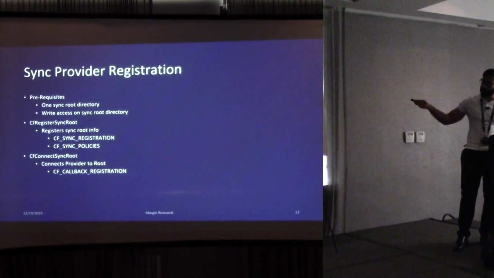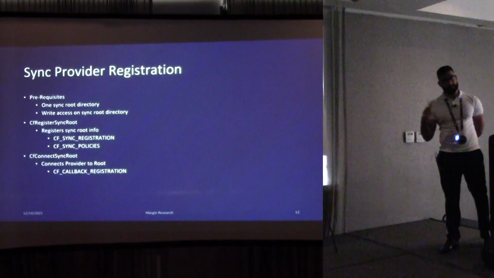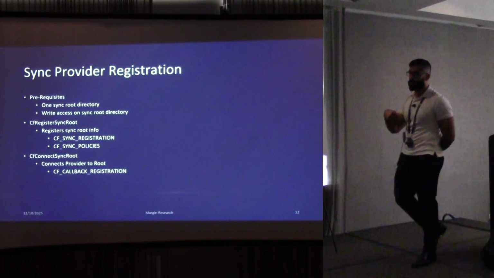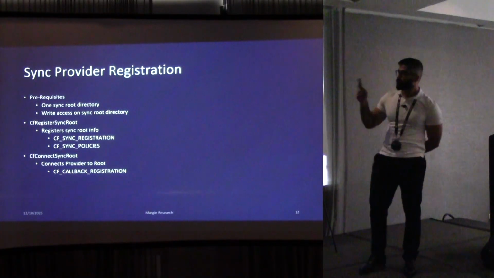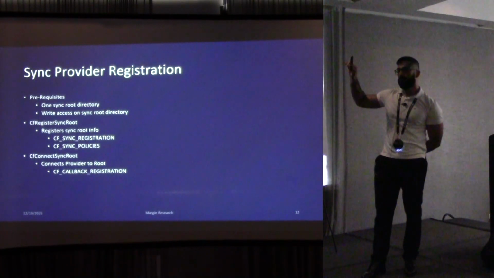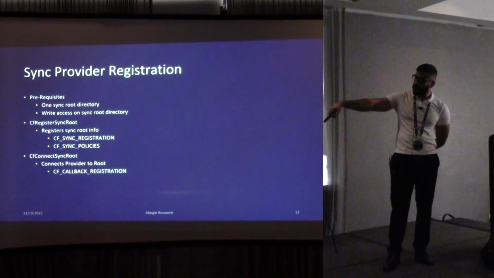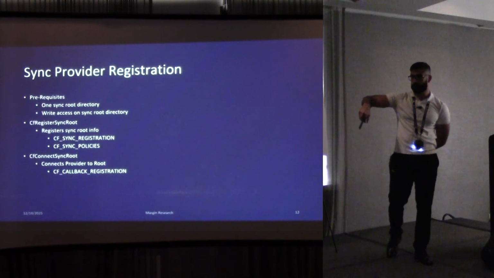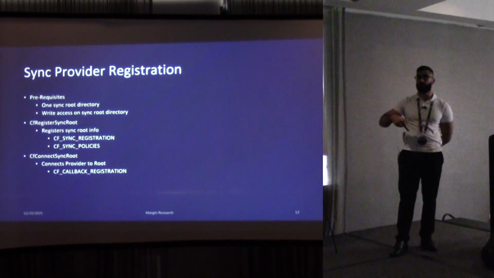So you can register a sync route with register sync route, and you can connect with connect. One thing that's interesting, that we're going to talk about, is callbacks. There are filter callbacks, and then there are callbacks that live in the sync route. The filter callbacks get called before your create file operation.